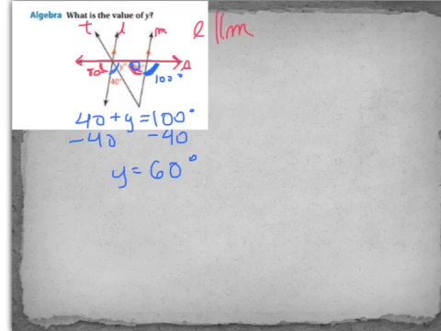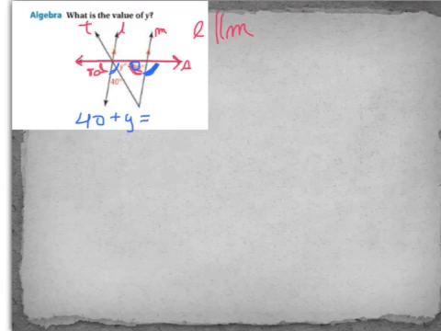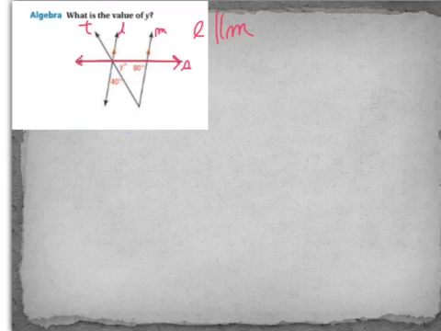Now there's a few different ways that we can do this. We could also look at it as, instead of looking at transversal S, we can look at transversal T. Well, by looking at transversal T, we can see that this angle and this angle are alternate interior, so they must be congruent.